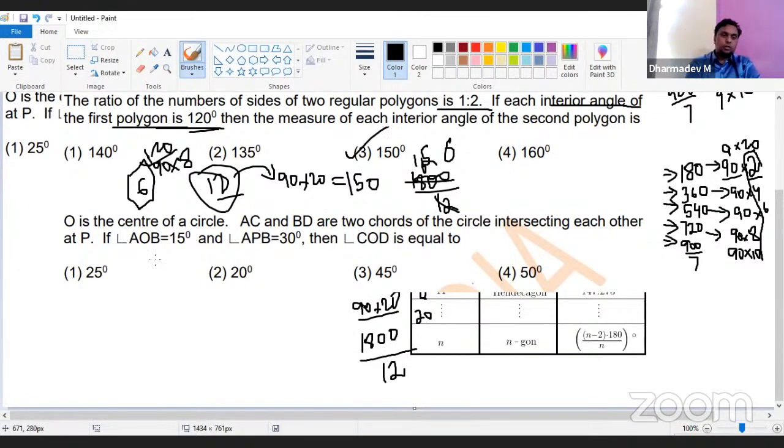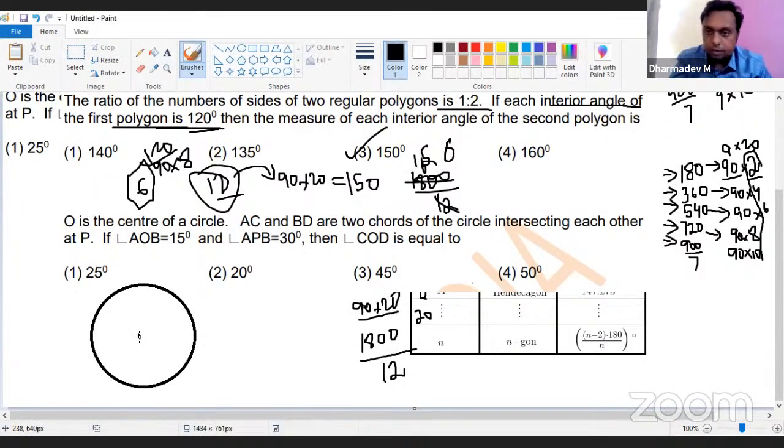If O is the center of a circle. Okay, let me take up a circle. I hope you're able to see the circle. If O is the center of the circle, AC and BD are two chords.